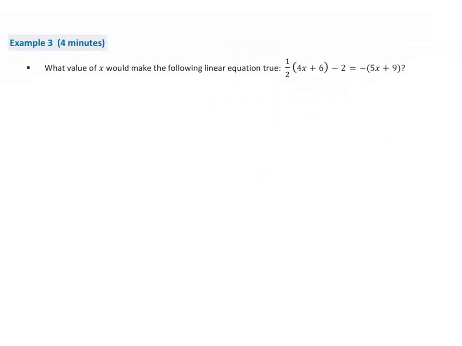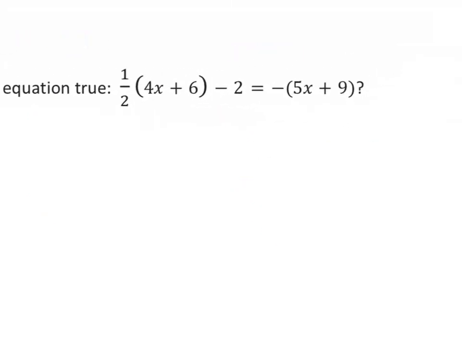All right, example 3, we're going to solve this one now. This one I can see already. There's some fractions and there's some parentheses. And I also have a couple of minus signs, negative signs. So the first thing I'm going to do is draw in this invisible 1 right here.